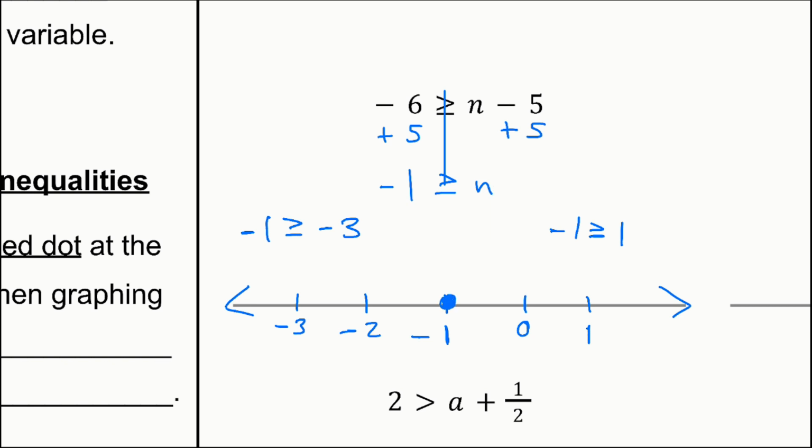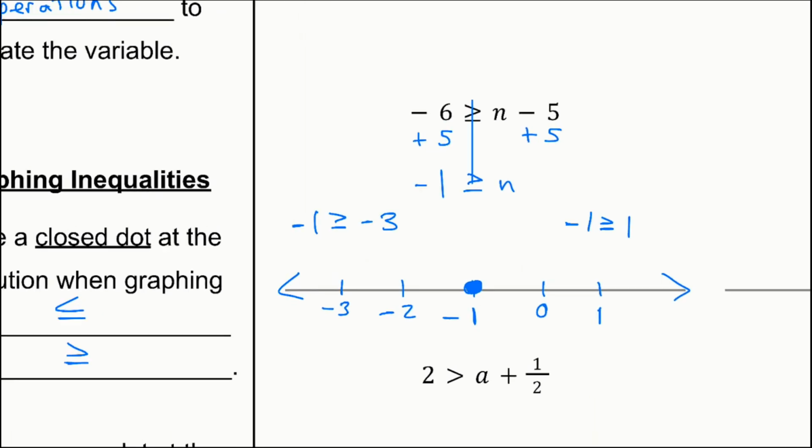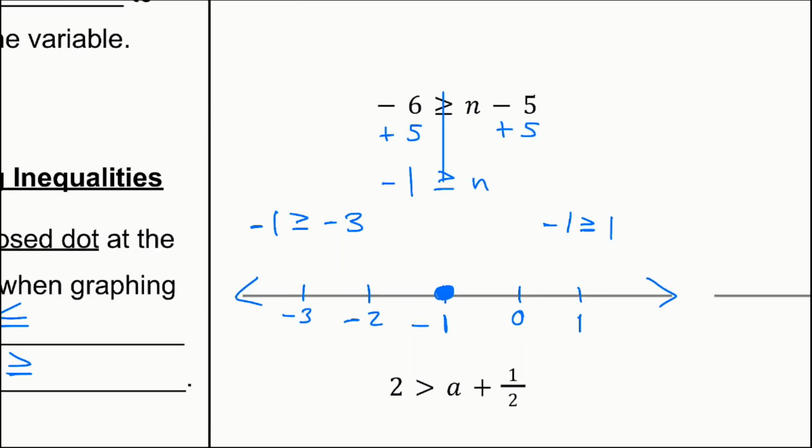The purpose of that is we use a closed dot when the solution is either less than or equal to or greater than or equal to. So -1 can be a solution to this, which is not always the case. Now, to determine which direction we are going to shade, figure out which one of those small inequalities is true. -1 is greater than or equal to -3, or -1 is greater than or equal to 1.